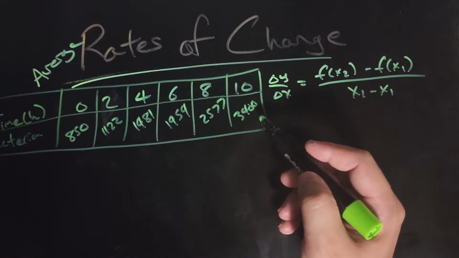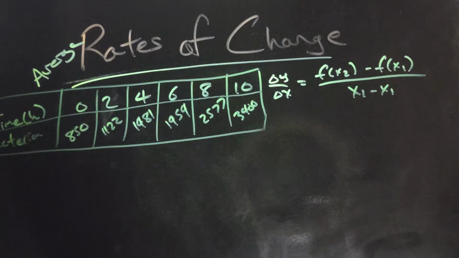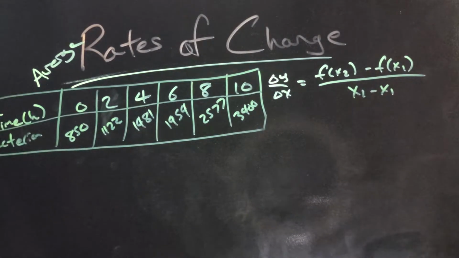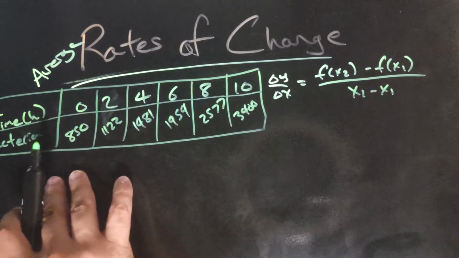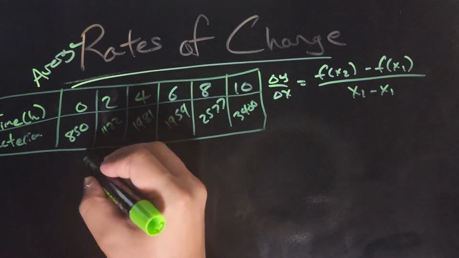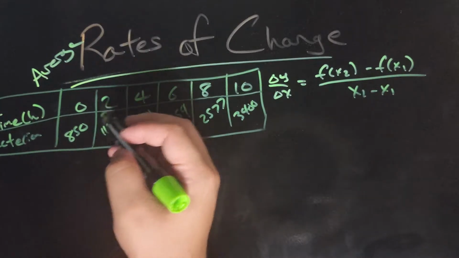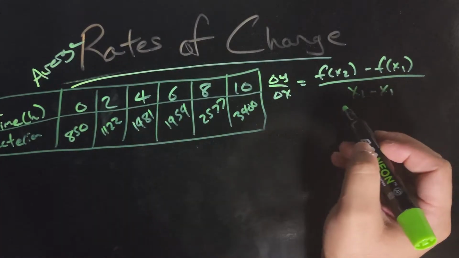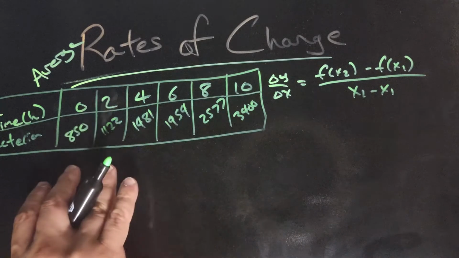So say we want to look at the rate of change, and we want to see the difference in the rates of change between each one of these intervals. So let's look at 0 to 2 hours first. Let's do the rate of change between those. How much bacteria did we grow?